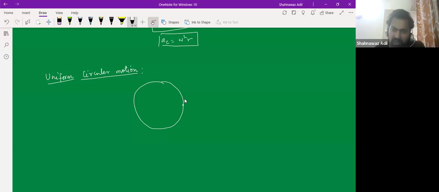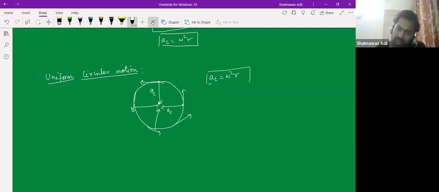So the magnitude is constant, but the direction is always changing. Due to the change in direction, we have this acceleration. The acceleration is always towards the center. This is called the centripetal acceleration, and this is denoted as omega square r.